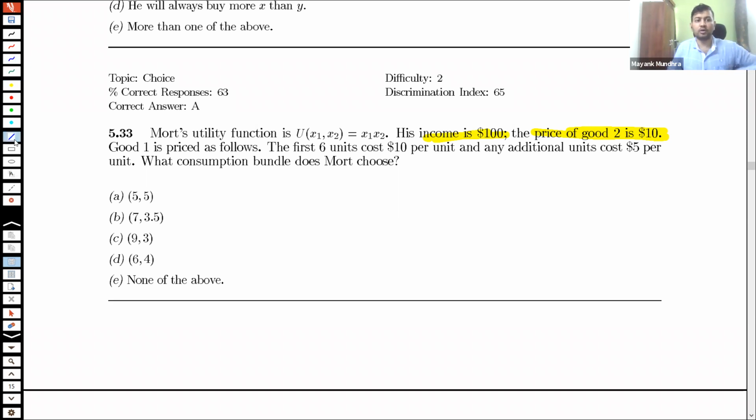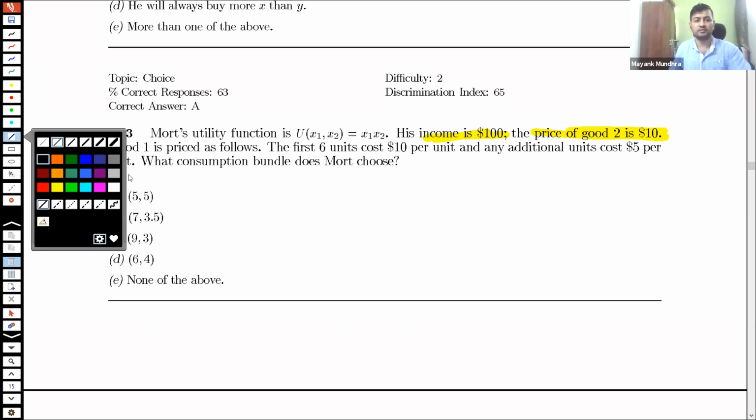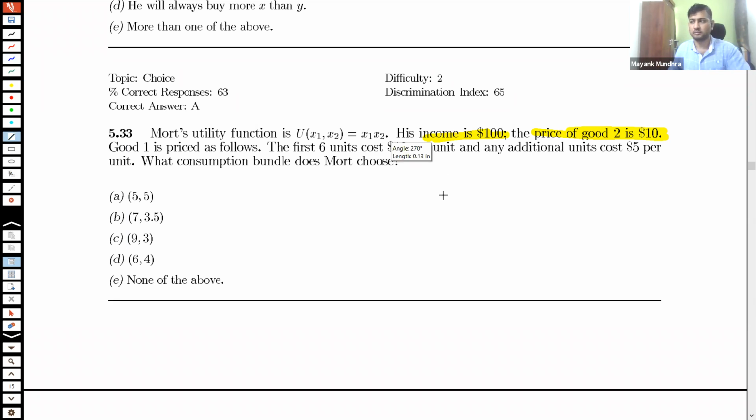So first we have to draw this guy's budget constraint. So let's say this is, what is the maximum amount of good X that he can consume? Price of good 2 is fixed, $10. So the maximum amount of good 2 that he can purchase is 10.